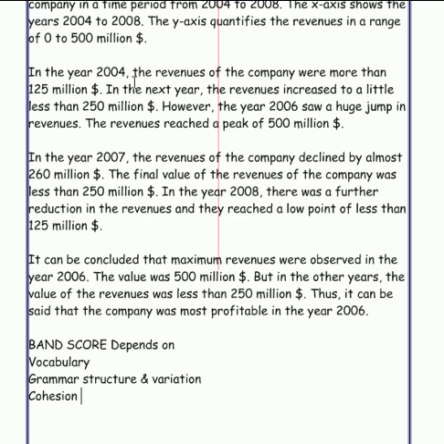After 2004, you cannot write information of 2007 and then come back and write information of 2005 and 2006. So 2004 is followed by 2005, followed by 2006, and so on. And then the conclusion, and remember the introduction as well.